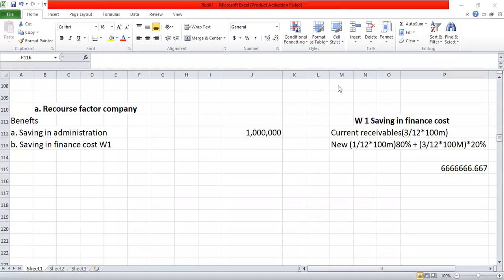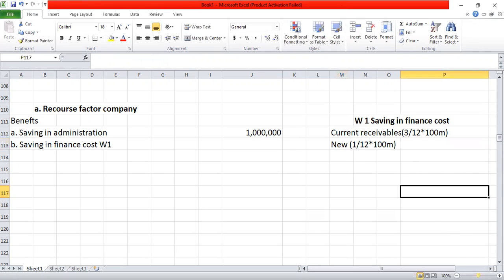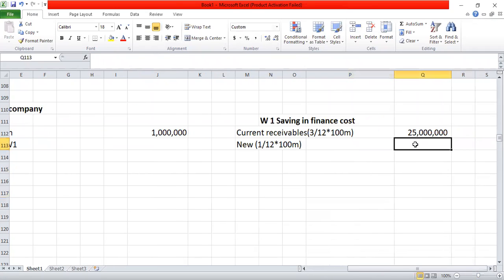Sorry, 80% is the advance payment, not taking the whole receivables. Yes, I've got it. 80 is the advance.